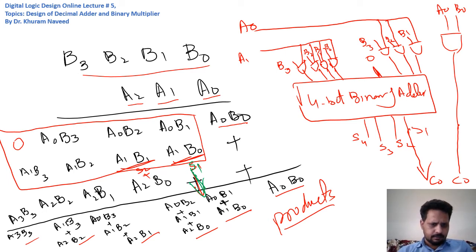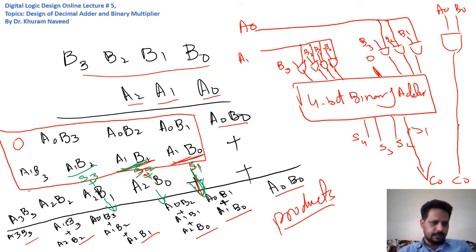and this will be S2, and we will add this into A2 plus B naught to get the third bit of the product, right? And here this is S3, and we will add this into A2 plus B1 to get the fourth bit of the product.